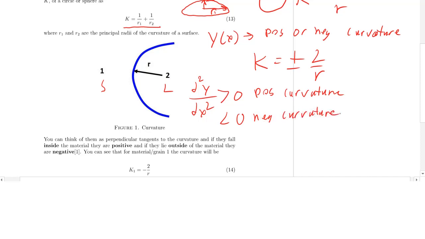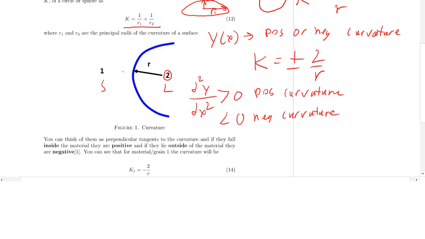So if I'm sitting at 2, is my curvature positive or negative? If I take the second derivative here, is it positive or negative? Well, it's positive. So 2 has positive curvature.